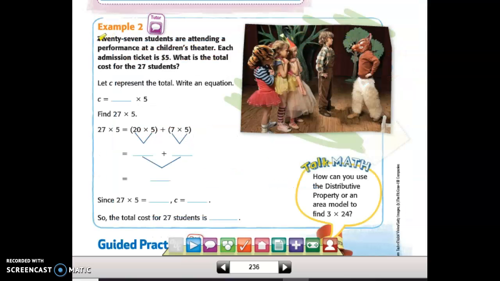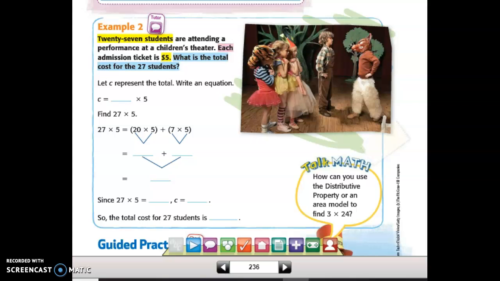And example 2. 27 students are attending a performance at a children's theater. Each admission ticket is $5. What's our question? What is the total cost? And each is a keyword.